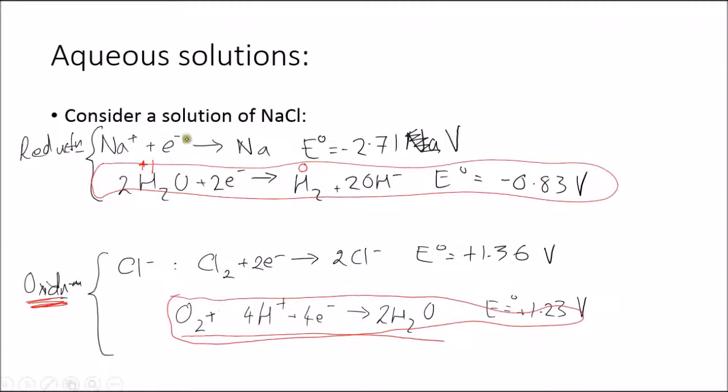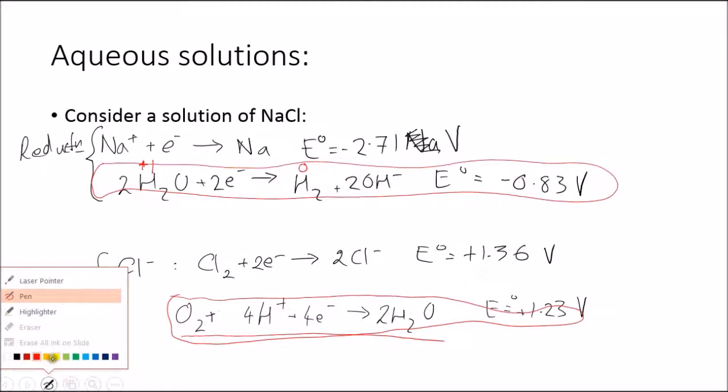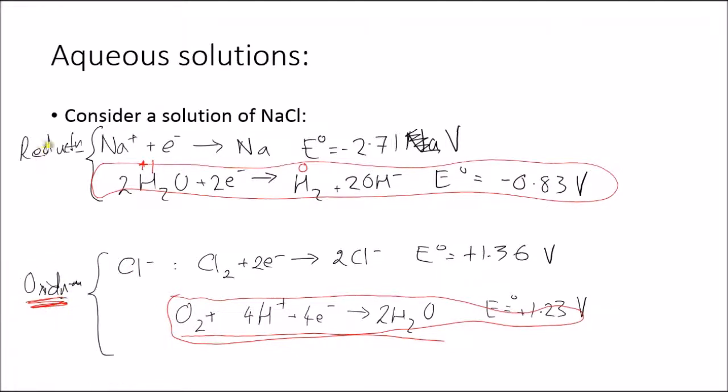We've got the reduction of the sodium ions, the oxidation of the chloride ions, the reduction of water and the oxidation of water. So we can identify our four reactions.